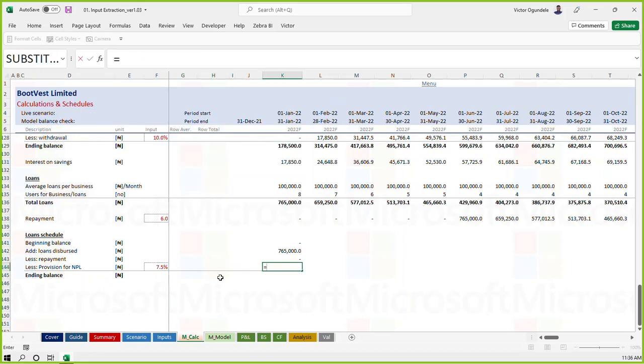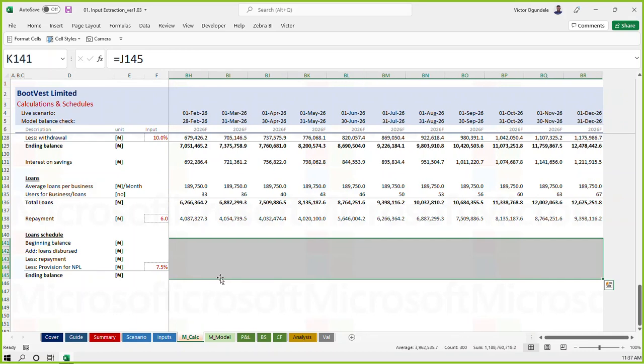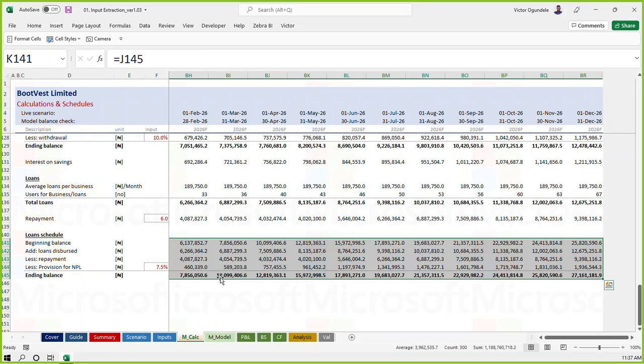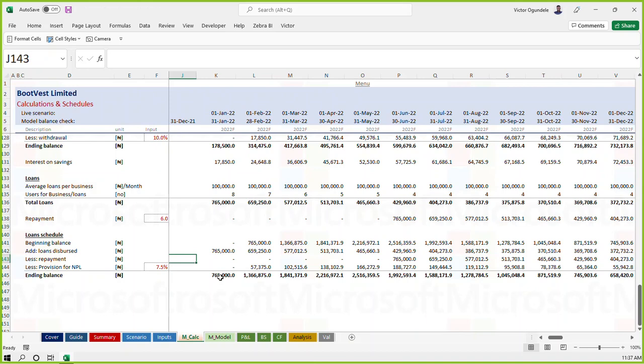The provision for loan should be based on the previous year's ending balance, multiplied by this percent. We could either use the beginning loan plus loan disbursed, but I think this will be fine. So we're saying beginning balance plus loan disbursed minus repayment, then minus our non-performing loan, and we have this. You can just copy this. Remember, always make sure your formulas are consistent. Build for year one, drag everything across the forecast period, and this is what we have.